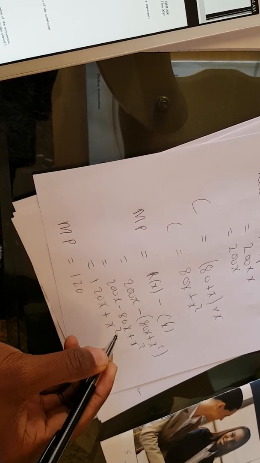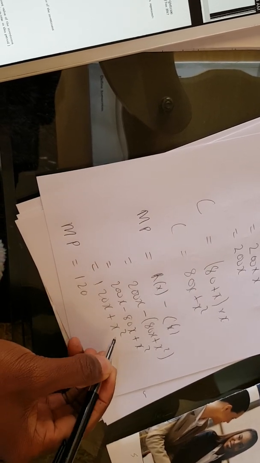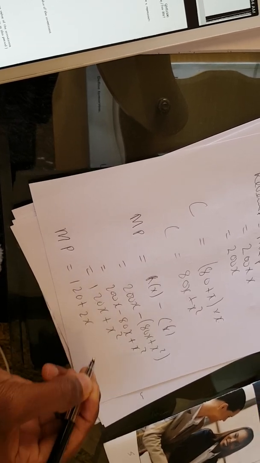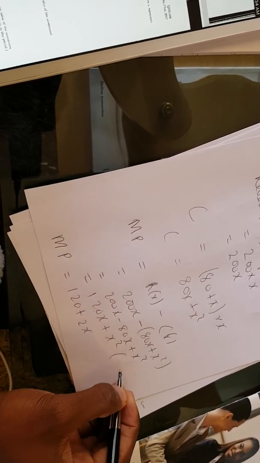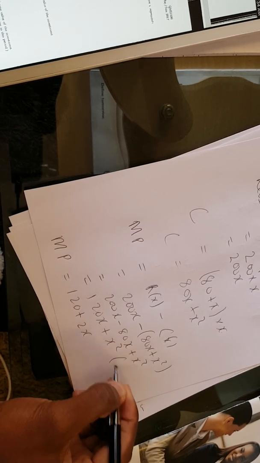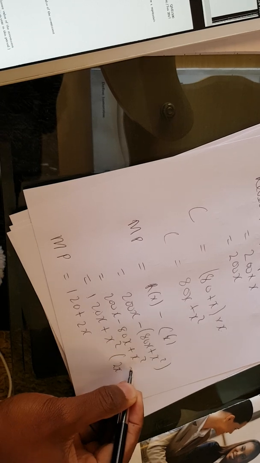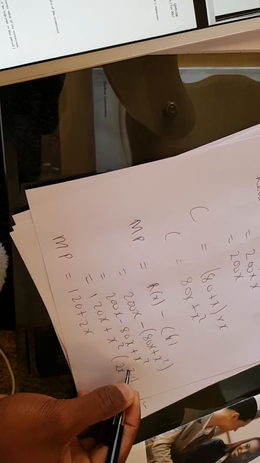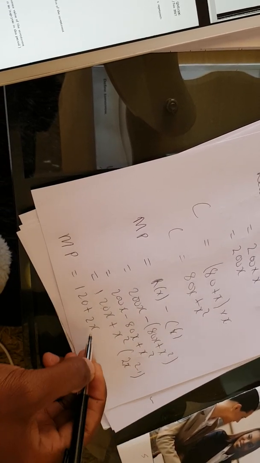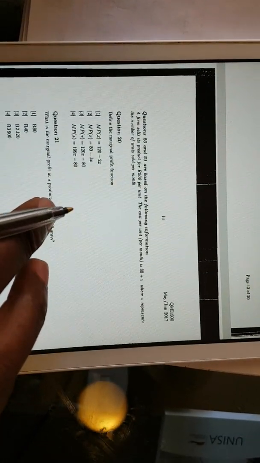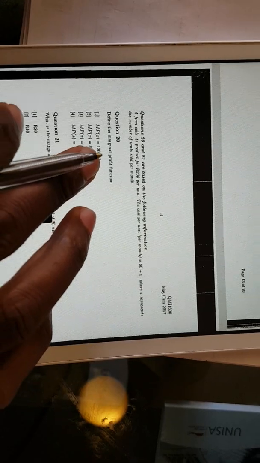If you differentiate it, you bring down the power: your n is 2, so it's 2X to the power of 2 minus 1, and 2 minus 1 is 1, so it gives you 2X. So the correct option here is 120 minus 2X, option number 1.